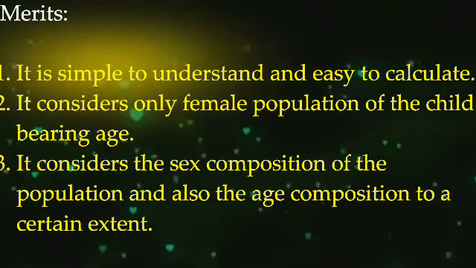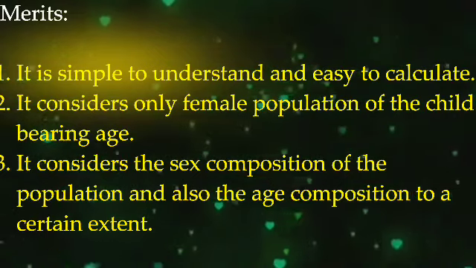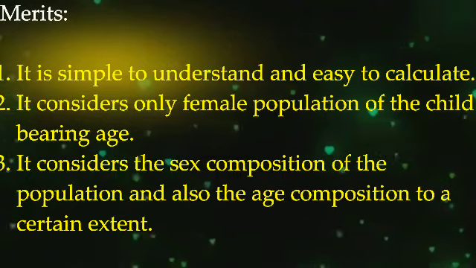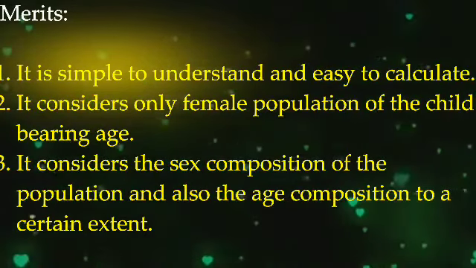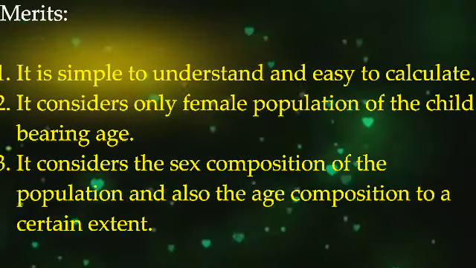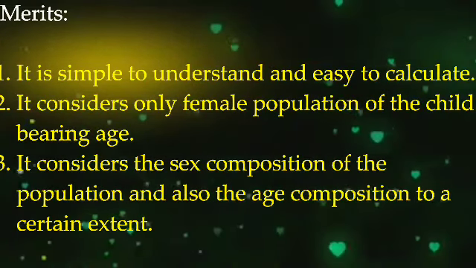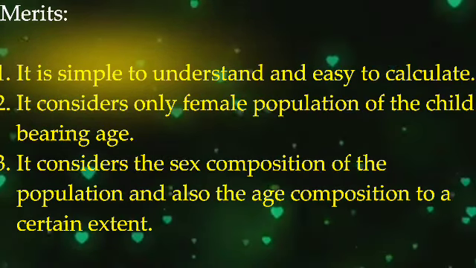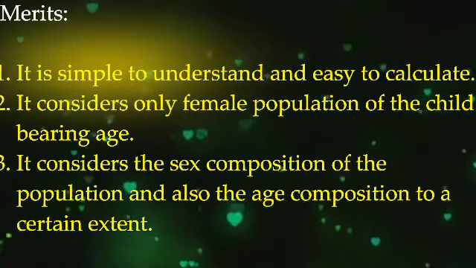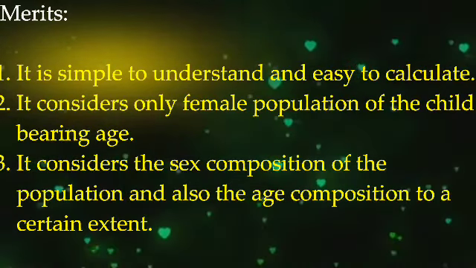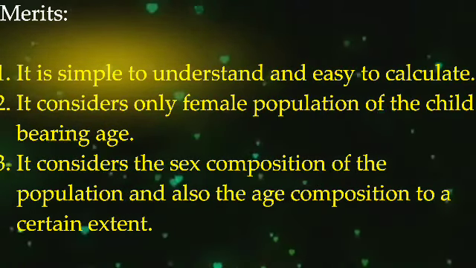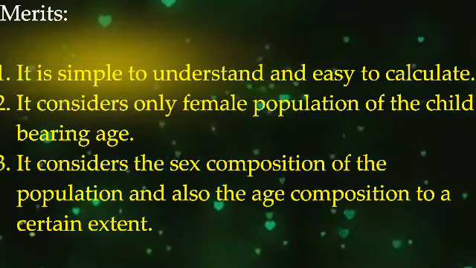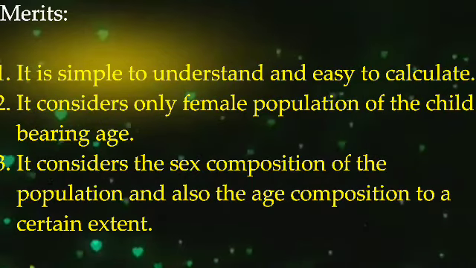It considers the sex composition of the population, which means it will consider only the female population, and also the age composition to a certain extent, which means only the population for the age group 15 to 49 will be taken into consideration.